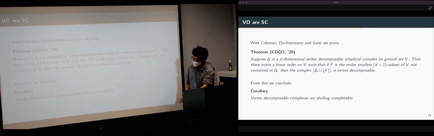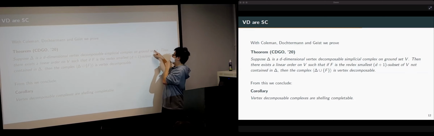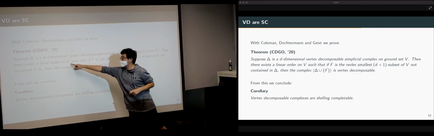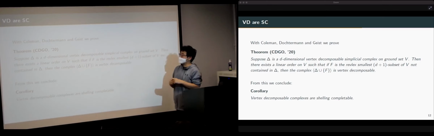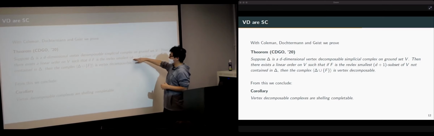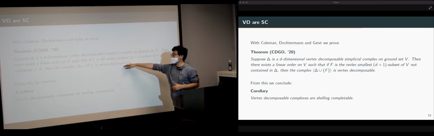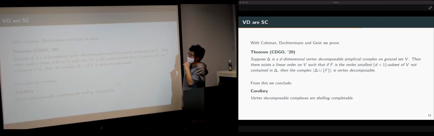And actually, even more, we show that you can do this by coming up with an ordering on the vertex set, such that if you take the revlex smallest facet missing with respect to that ordering, then adding that missing facet guarantees you another vertex decomposable complex.